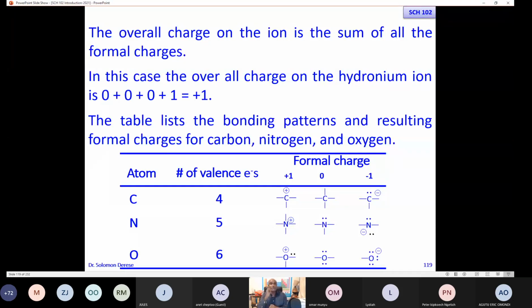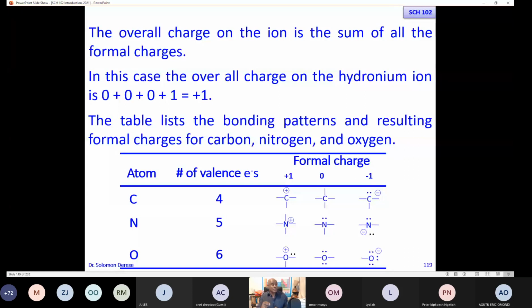But if an element forms less than the number of bonds it usually forms, nitrogen forms 3 bonds, but if it has only 2 bonds, like NH2 instead of ammonia, NH3, where the nitrogen has formed only 2 bonds, in this case, the nitrogen will be negatively charged. It will have a -1 charge.